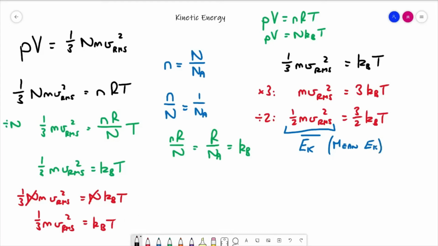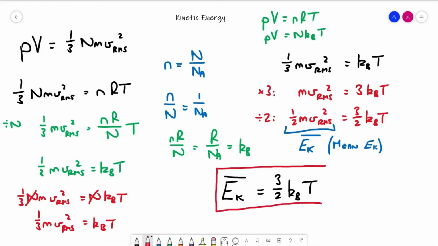And therefore, finally, we can say that the mean kinetic energy, Ek bar, remembering that the bar is used in maths and in physics to represent the mean, is 3 over 2 times Boltzmann's constant times the temperature. And therefore, finally, like I said, I've been promising this for a few videos now, we've got an equation that links kinetic energy with temperature.